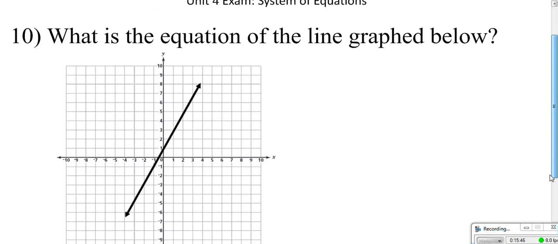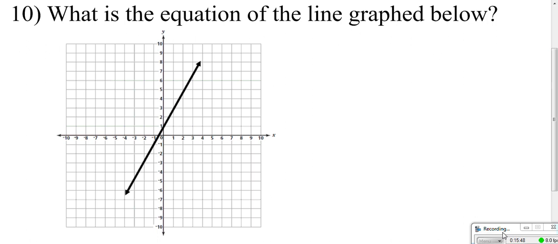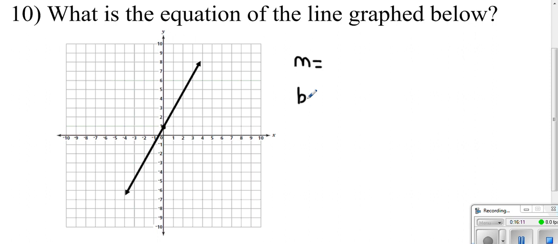All right, so this one is a little bit of a throwback question. And I say throwback question because it's from Unit 1. The line crosses the y-axis at 1, and you need 2 things to get the equation of a line. You need the slope, and you need the y-intercept. So you already have the y-intercept as 1. Now you just have to find the slope using rise over run.